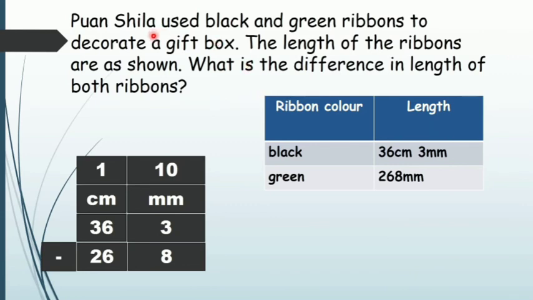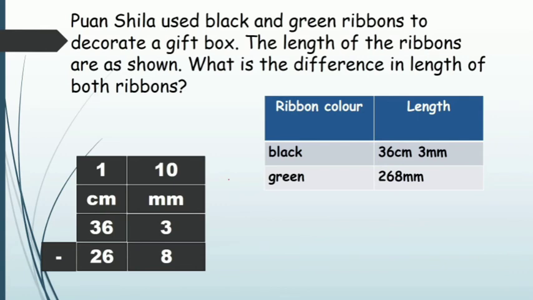So this is the solving problem question, and here we need to read the sentences one by one and find the keyword that tells what operations are involved in this question.